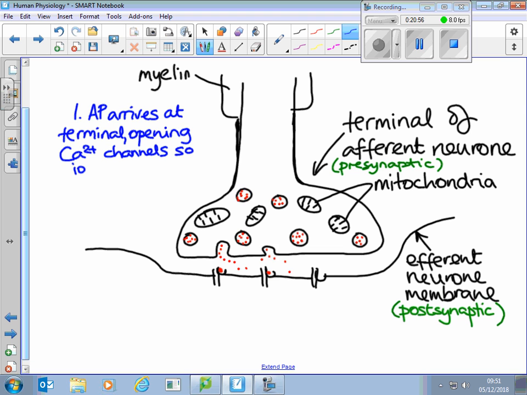So ions flood in. The word flood is just a representation of the fact that this is really rapid and large scale. So a lot of calcium rushes in to that terminal.